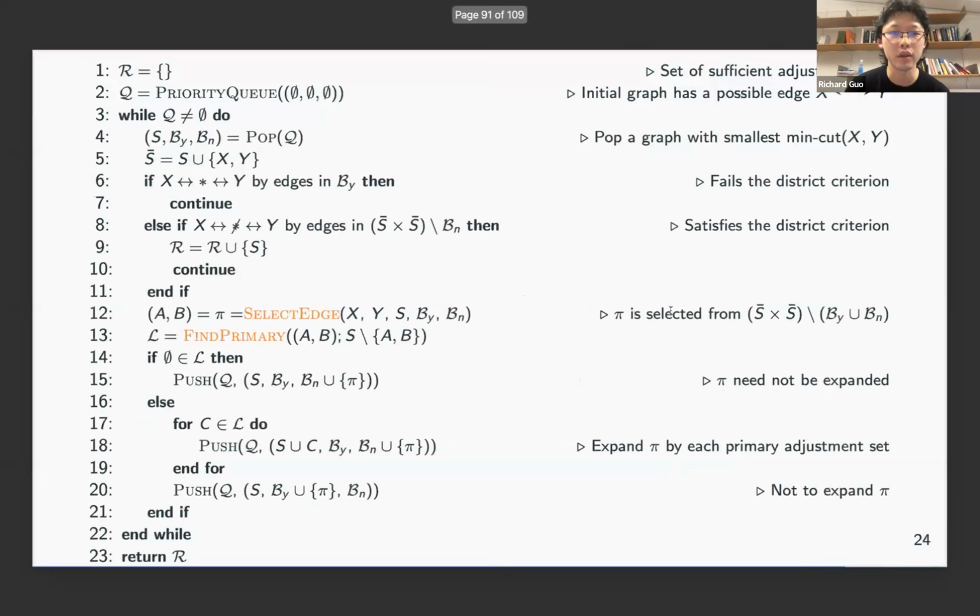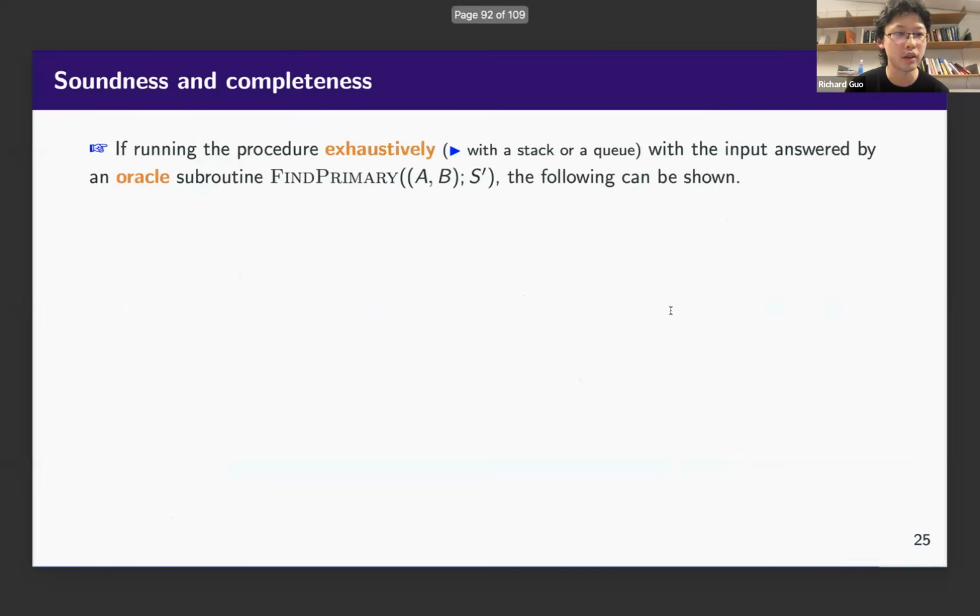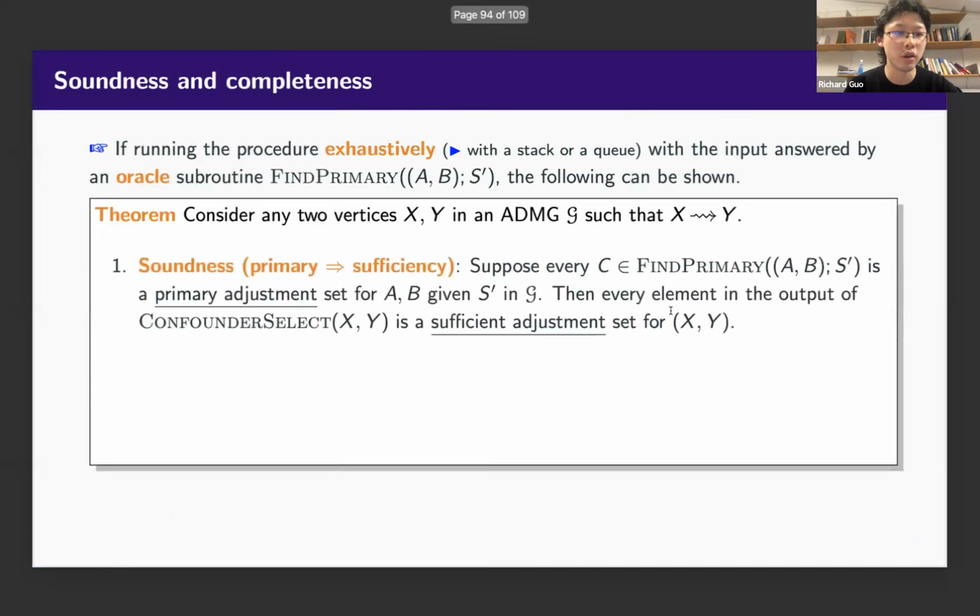I don't think I have time to go through this, but we can show the soundness and completeness of our algorithm if we formalize it in this way. If we run the procedure exhaustively and replace the user's answers by a truthful oracle, then the procedure is sound, in the sense that anything found by the procedure is indeed a sufficient adjustment set.